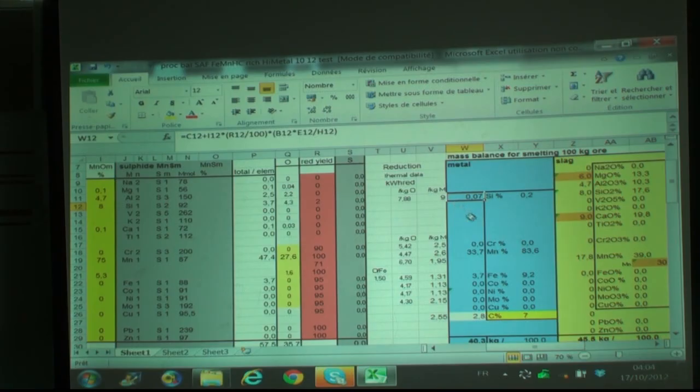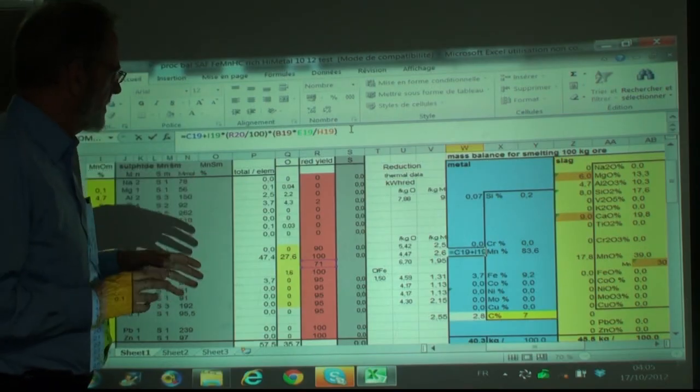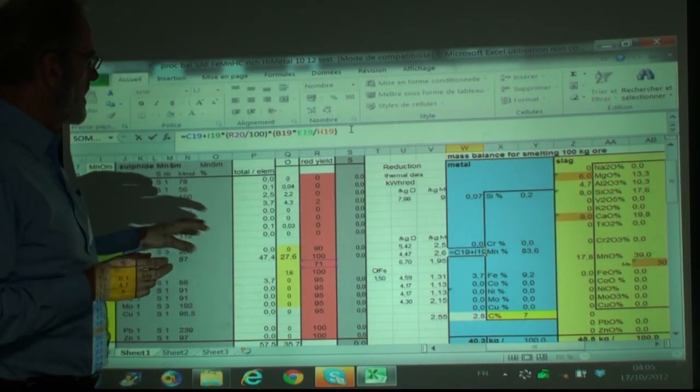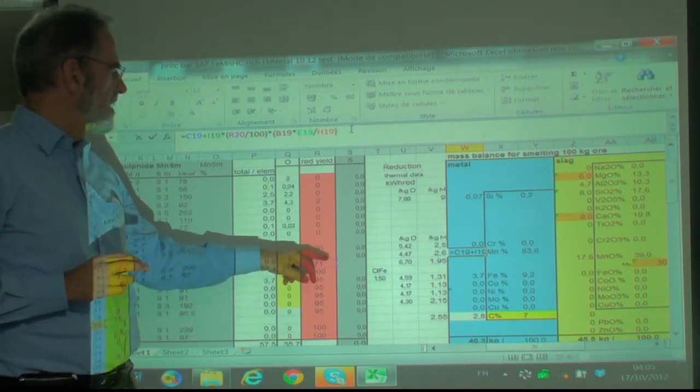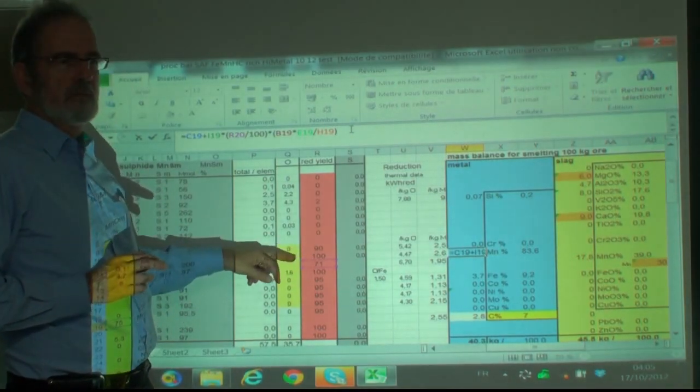And okay, I do the same for the others. Chromium there is no, and manganese, in case of manganese, it's a bit complex because, as I explained to you, you don't have any MnO2 left.